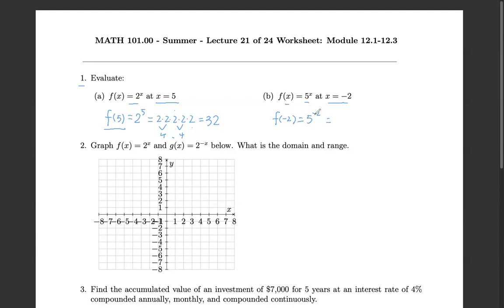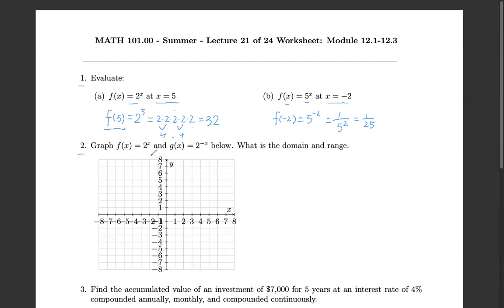Remember the negative exponent means this: 5 raised to -2 means 1 divided by 5 raised to +2. 5 squared is 25. So that's 1 over 25. So this is just evaluation, right? Given the variable a specific value, we evaluate the function value at the given x value.